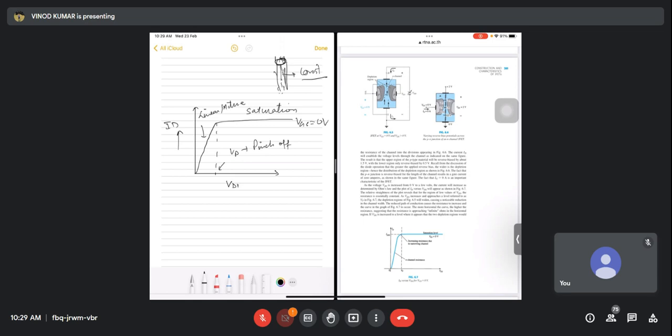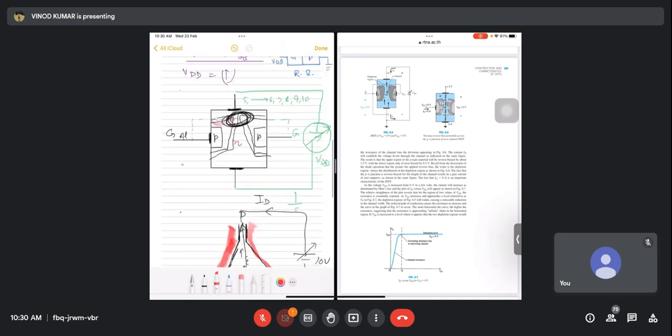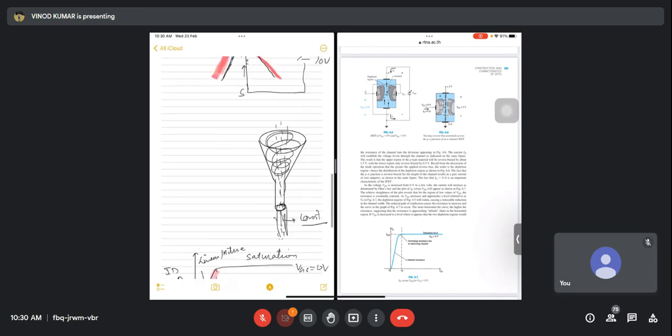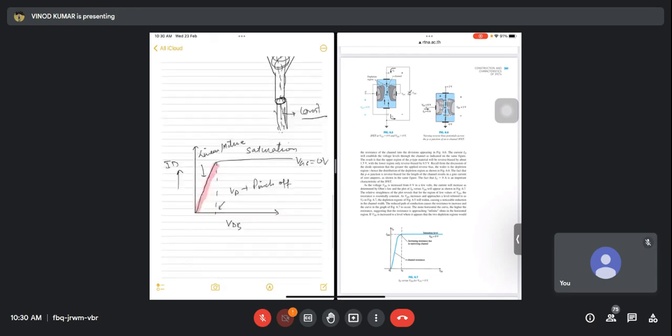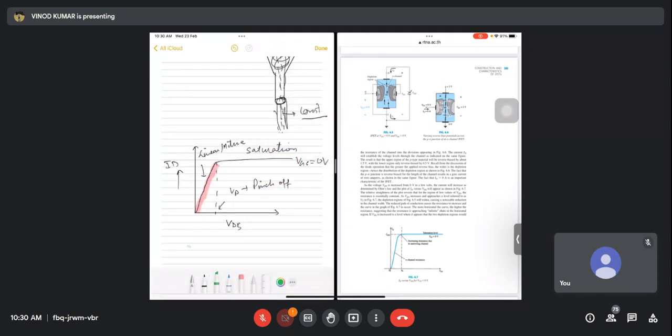Initially when you increase the VDS, current बढ़ेगा, ये बढ़ रहा है ना initially, ओके। और एक सिचुएशन ऐसी आएगी जब ये reverse wise एक तरह से funnel वाली shape बना देगा, ओके। Then it starts flowing a continuous current, constant current from here, so then it is becoming constant here, अब ये constant हो, right?